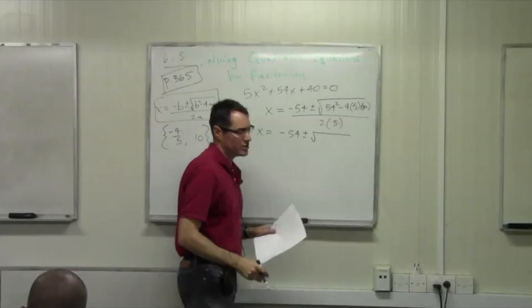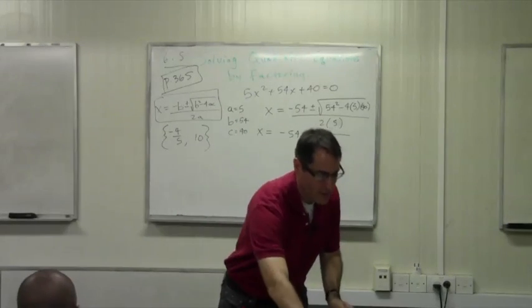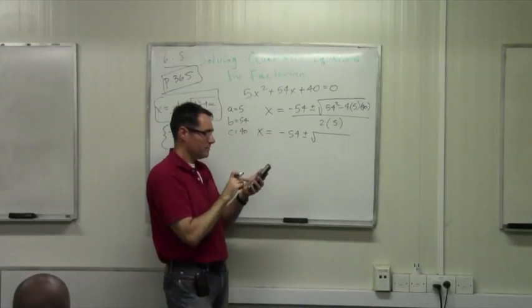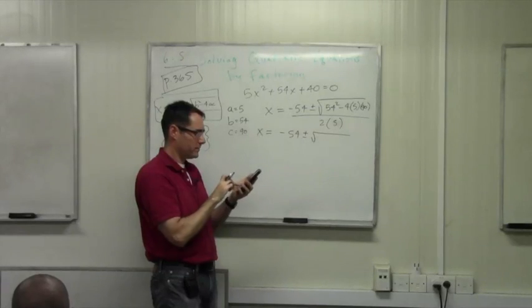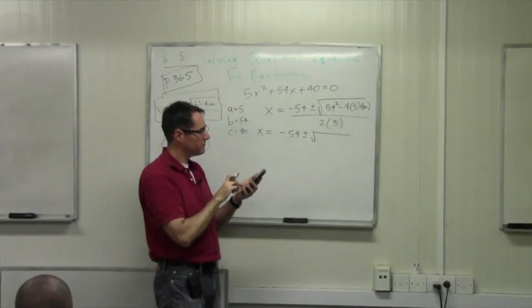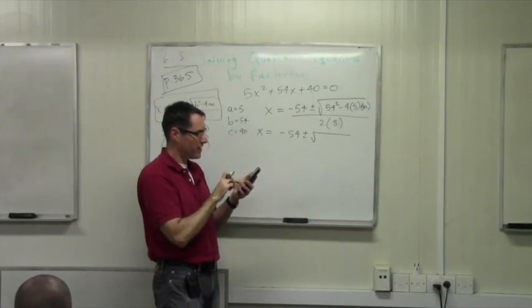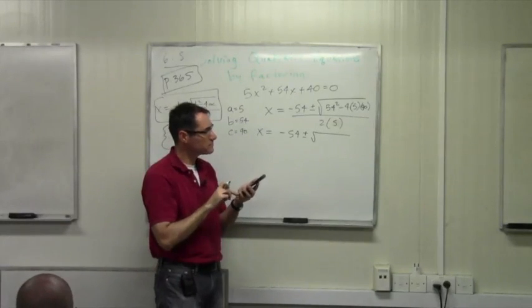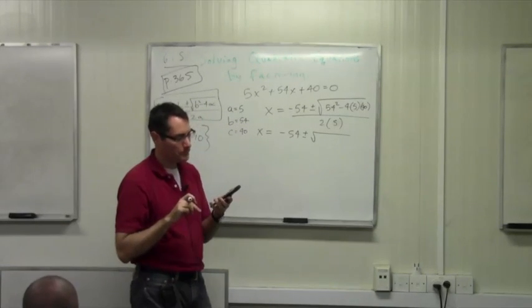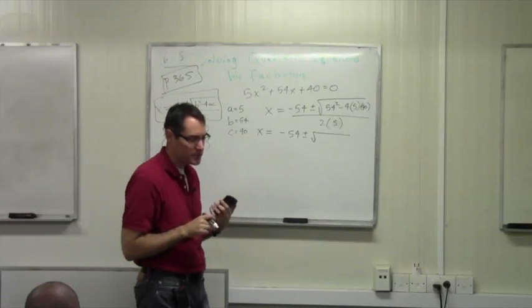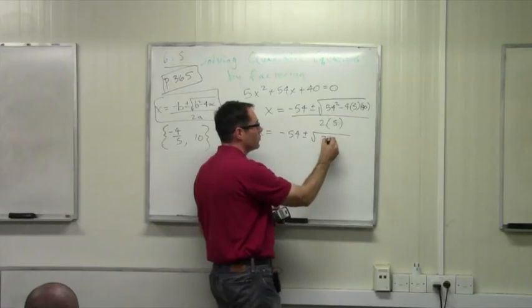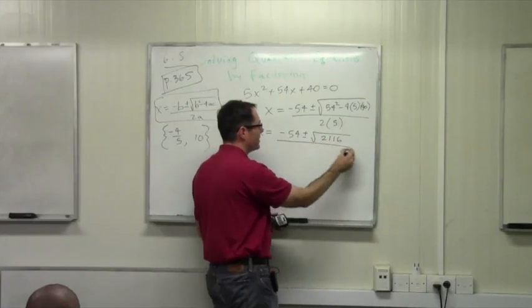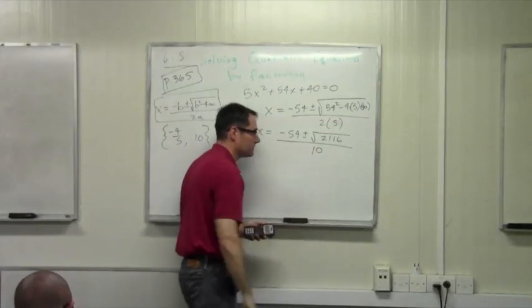Now, here's where you do it on your calculator. You get out your calculator, and you say 54 squared minus 4 times 5 times 40. And you get what? 2116? 2116 divided by 2 times 5 is 10.